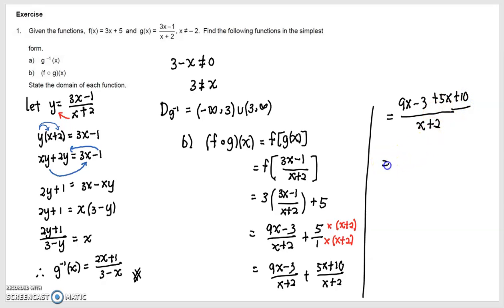So from here, 9x plus 5x is 14x. Negative 3 plus 10 is positive 7 over x plus 2. So again, we have to find the domain. So domain, we refer to the denominator, where x plus 2 cannot be equals to 0, x cannot be equals to negative 2.